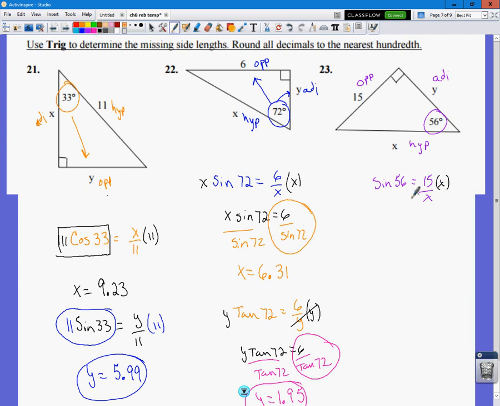Multiply both sides by x. Divide by the sine of 56. x is equal to 15 divided by the sine of 56. This is what we key in. 15 divide 56 sine equals 18.09.